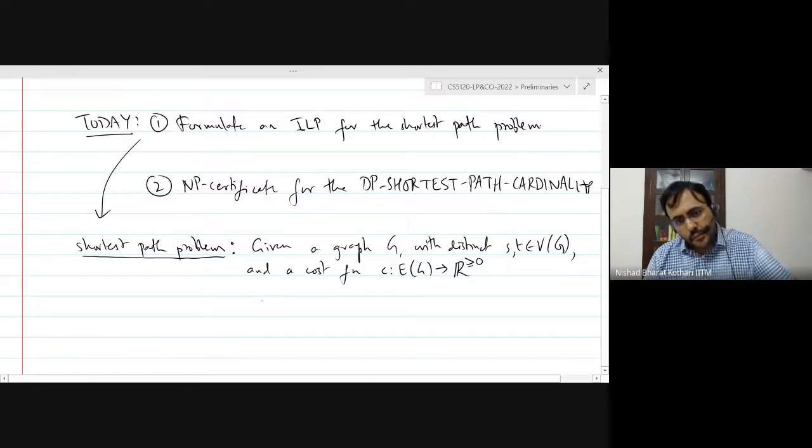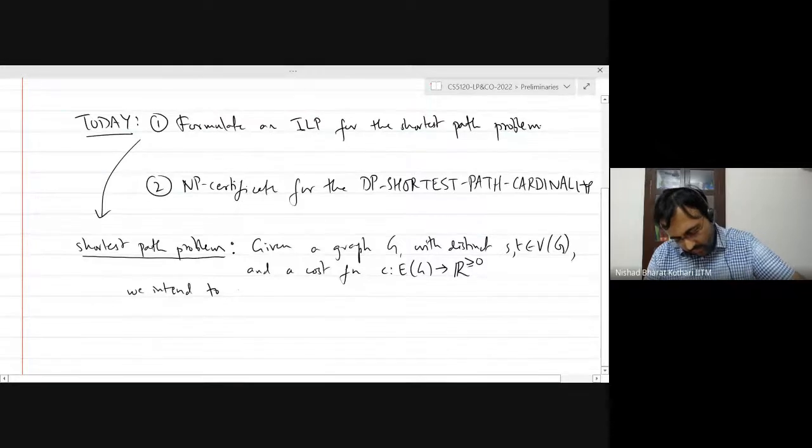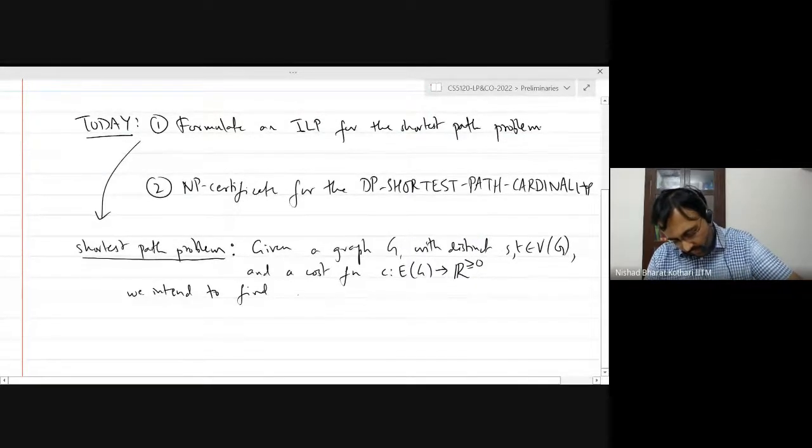And the goal is to find a shortest ST path. Shortest meaning of minimum cost.